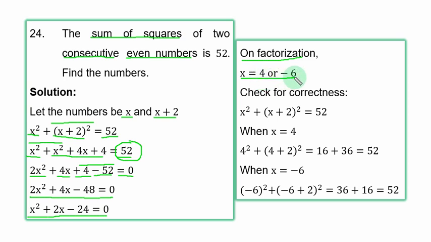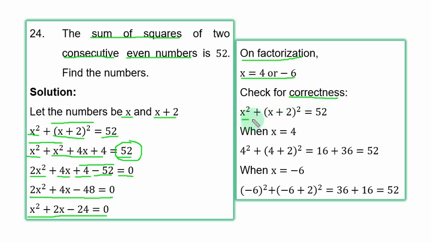If you have followed other lessons to this point, you should be able to factorize or use any other method to get s equal to 4 or minus 6. So we have to check for correctness of the result.